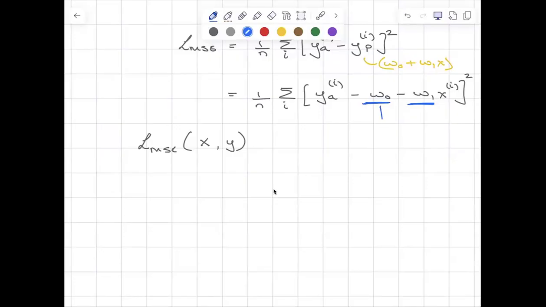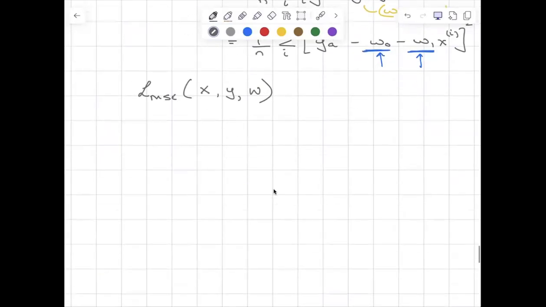It's precisely these guys, the W's. So in general, if they're fixed, then it's a function of x and y, but I'll say this is a function of x, y, and w. So w is now a parameter. It's a variable that I can change, and I want to change it in a way such that I can minimize MSE.